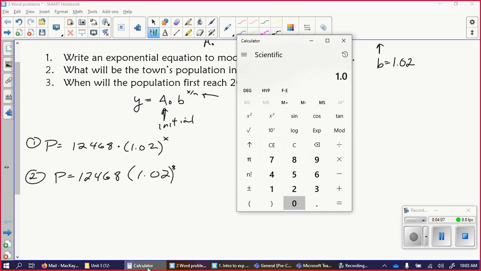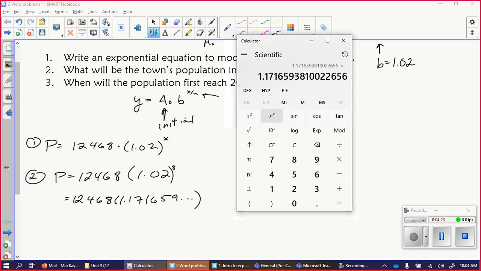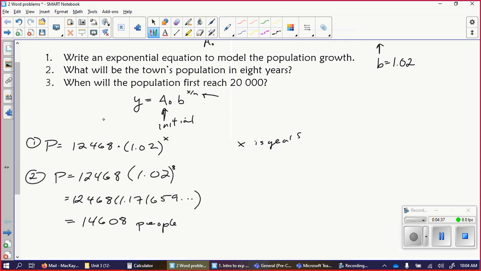Handy dandy calculator. 1.02 to the power of 8 equals 1.171659. Multiply that by 12,468. After 8 years, you're going to have about 14,608 people. That's the easy one. That was the one that we did way back when.